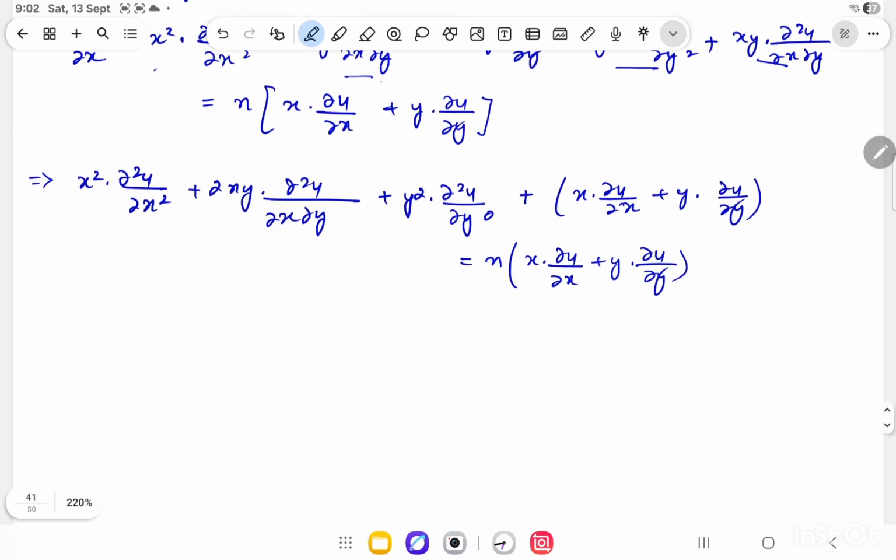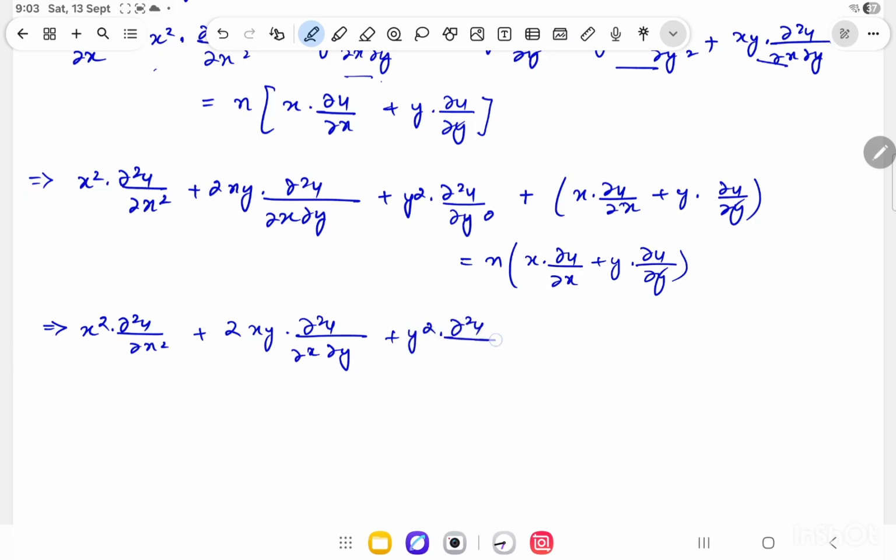So from here what I'll get is x square into del square u by del x square plus 2xy del square u by del x del y plus y square into del square u by del y square is equal to n minus 1 into x into del u by del x plus y into del u by del y.